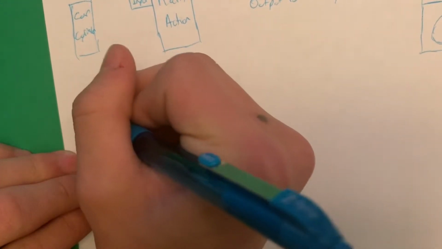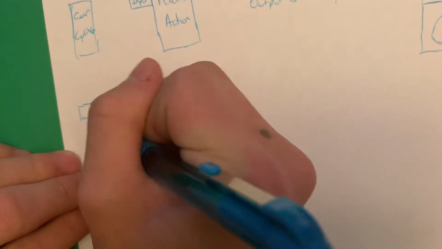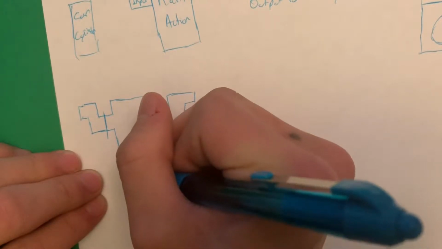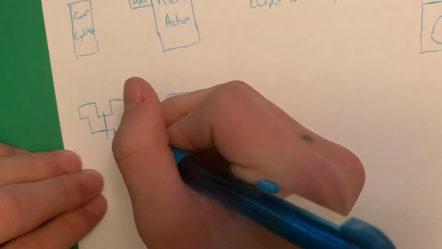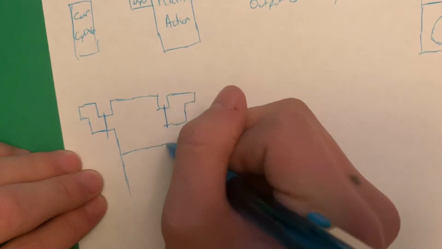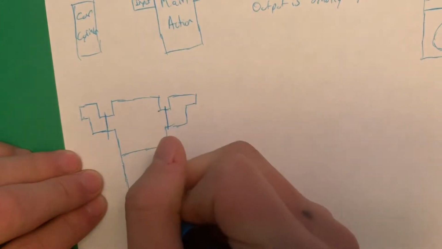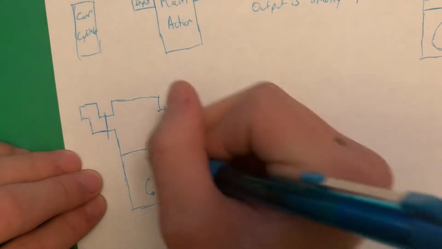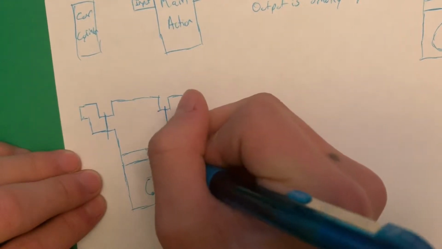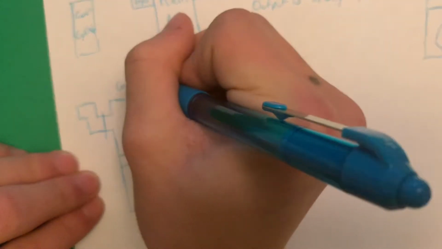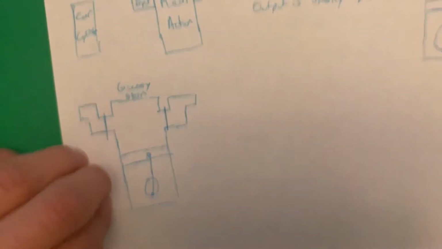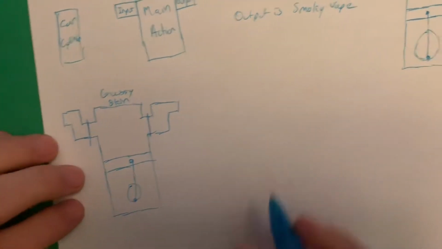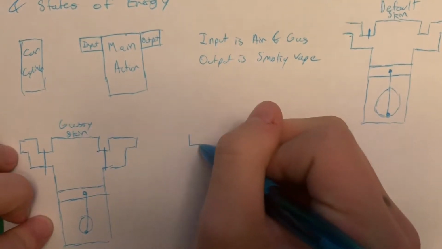So give me a moment. Alright, so this is the gassy skin, basically the skin where the gas is inside the chamber and is prepped.